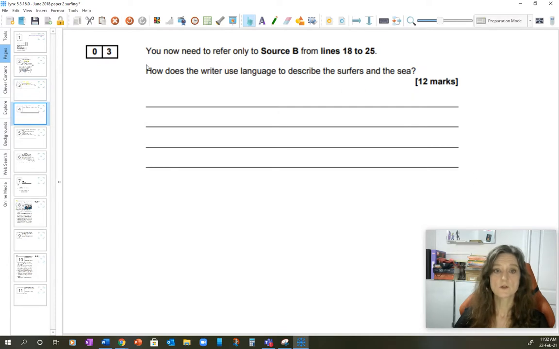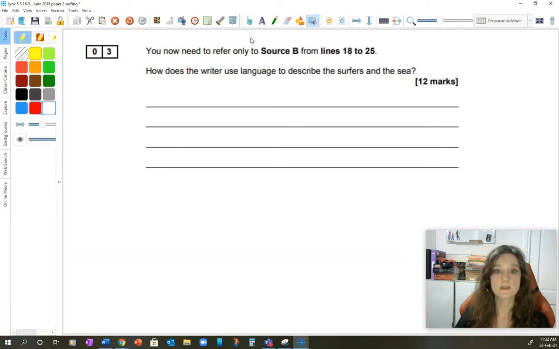So now I'm going on to question 3. You need to refer to source B. So I'm going to get this highlighted. Source B from lines 18 to 25. So it's quite a short bit of text, and it's kind of in the middle of the text, and it's from source B. So I'm going to need to read through source B before I do that.